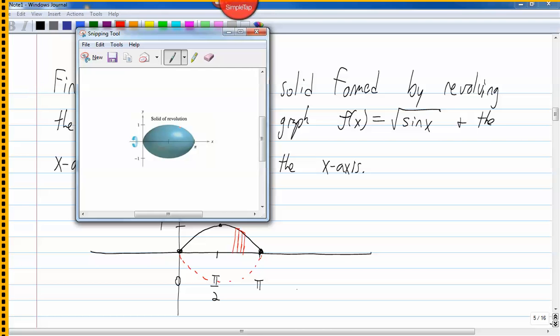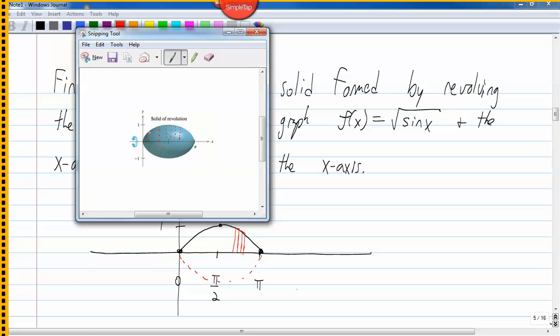So all of those rectangles that are being made, whenever we revolve them about the x-axis, make discs. This is a solid figure. What is the height of each of these rectangles? The height of the rectangle is going to be the same as the radius of the disc. So look at the heights.